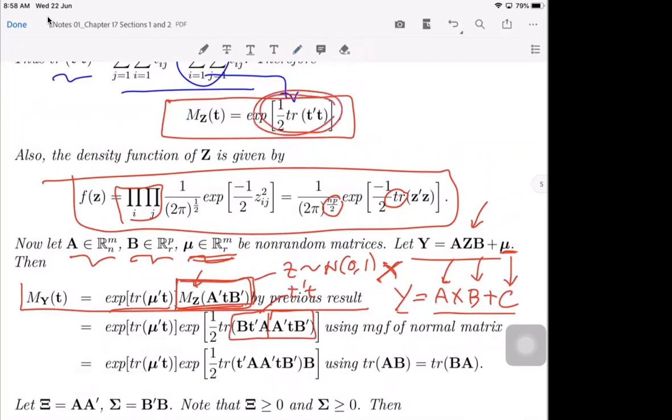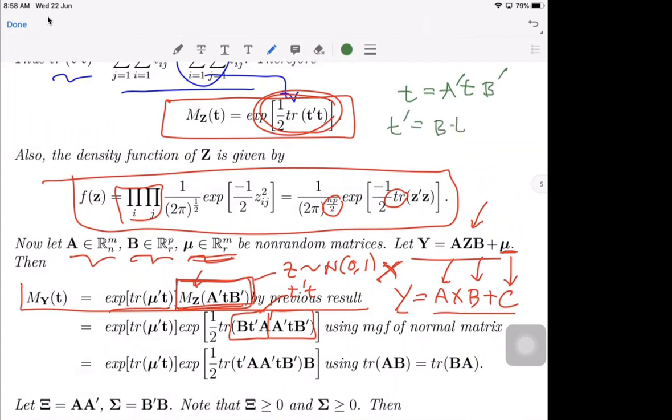So T prime T, but your T here is actually A prime T B prime. So if you get T prime, that is B T prime A. So you will have B T prime A and then A prime T B prime. Correct? Yes, ma'am. Okay. And then what happened here?